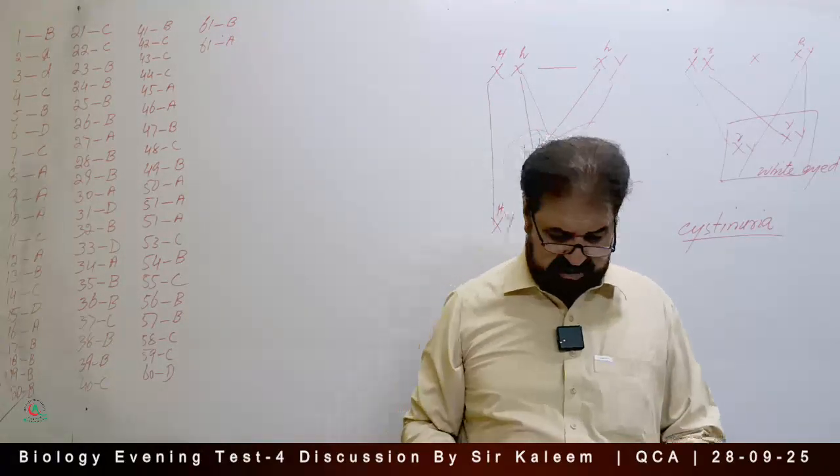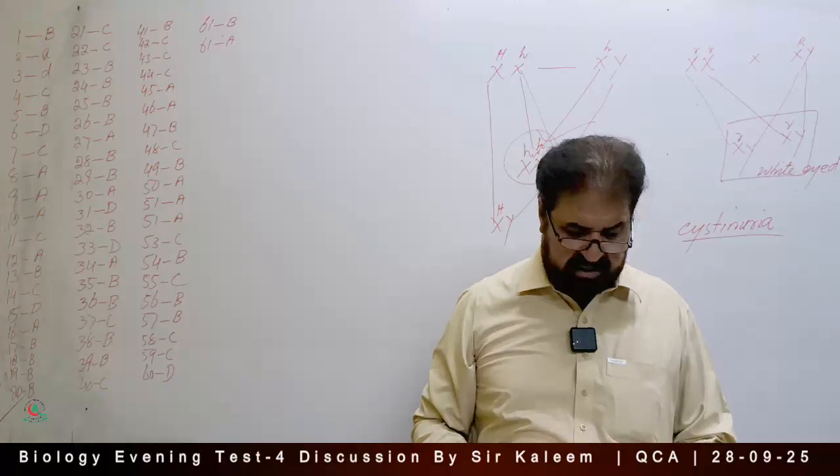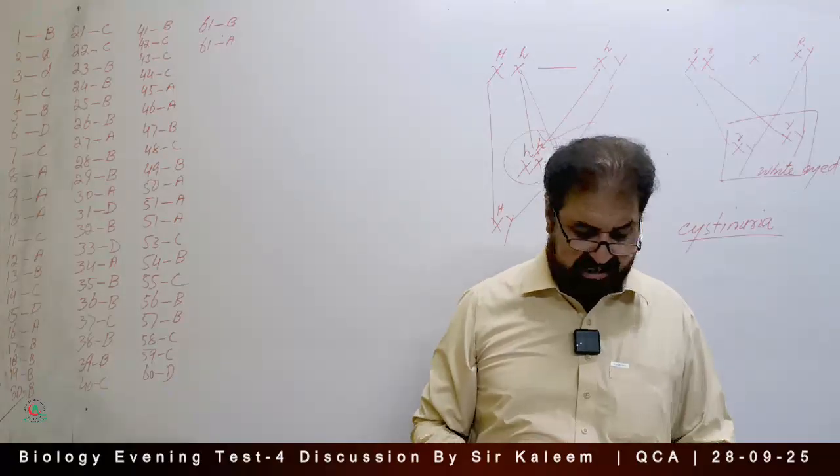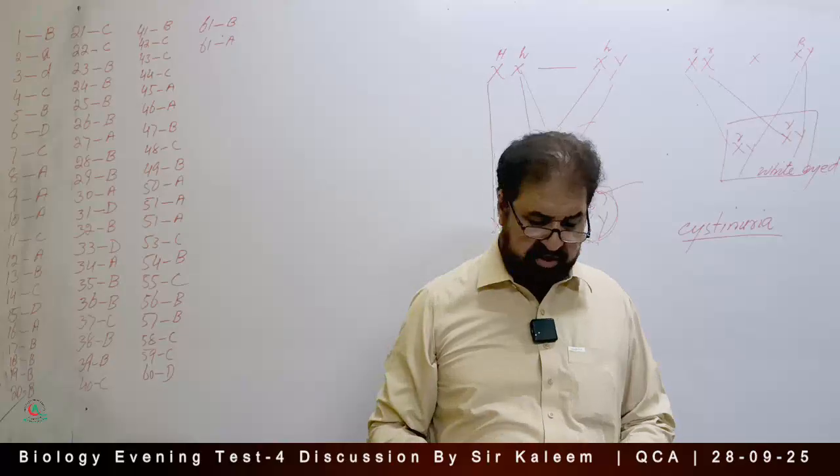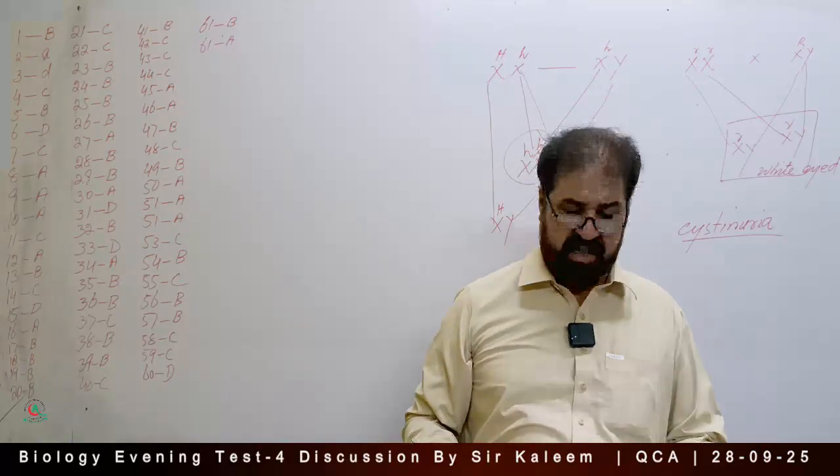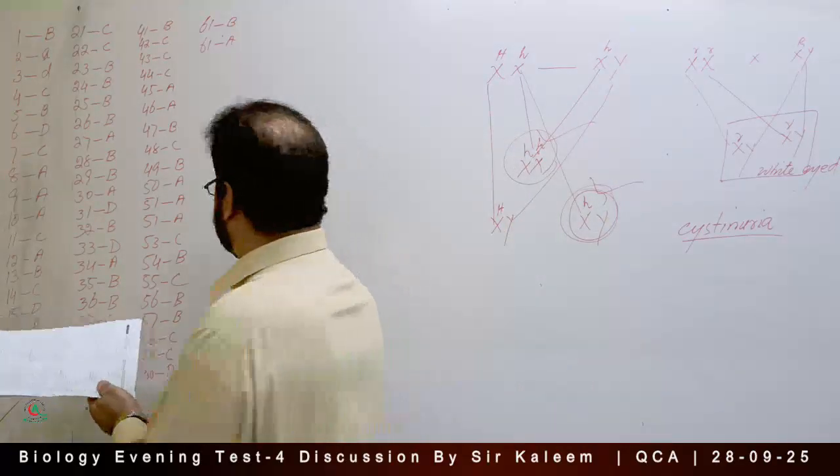Question number 63. The peritubular capillaries drain into venule and then renal vein. Option B is correct.